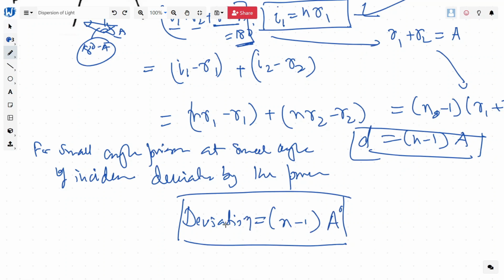If A is given in degree, the deviation is going to be in degree, and it is independent of the magnitude of the small angle of incidence on the prism, so we will not worry about that. So this is the deviation formula we'll be using.